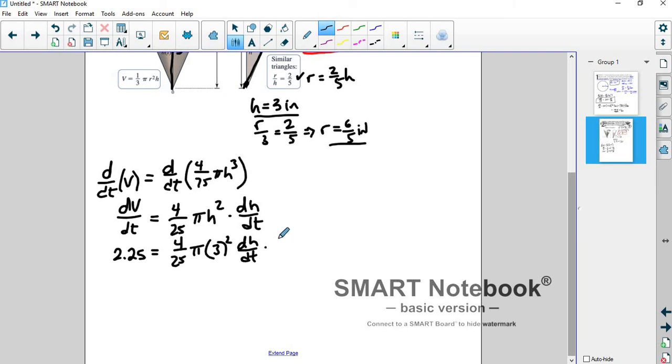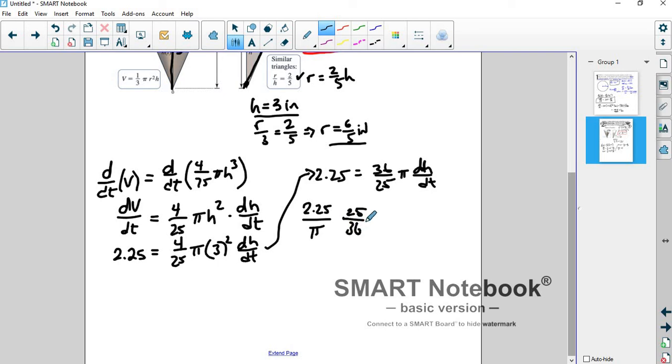Okay, so we simplify this over here a little bit. We get 2.25 equals 36 over 25 pi dH/dt. So if I divide both sides by this, that's 2.25 over pi times 25 over 36.